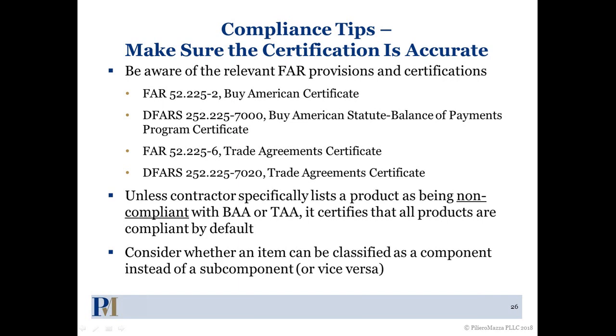So you need to make sure that you're listing anything that is non-compliant. Consider including clarifying language on your certificates or in the proposal, explaining how you're defining the components of the end product for BAA purposes, or how you're defining the end product under TAA to make it clear, so that you won't face liability for false certifications of compliance.